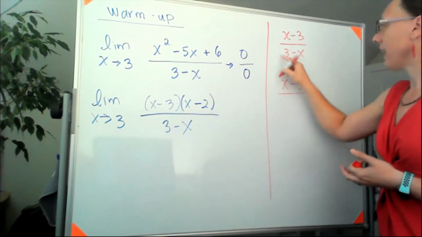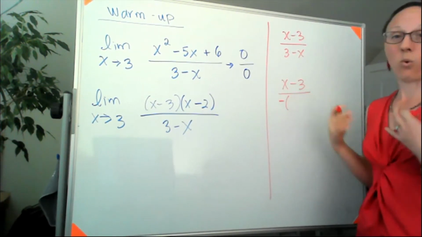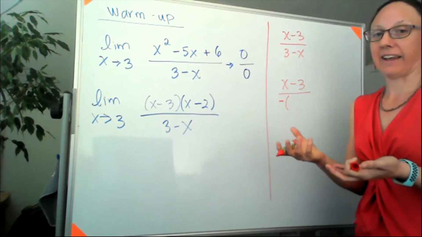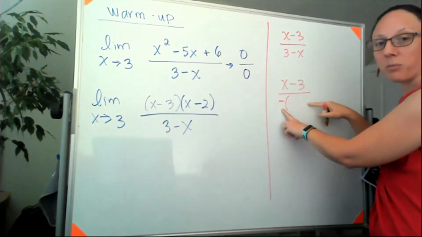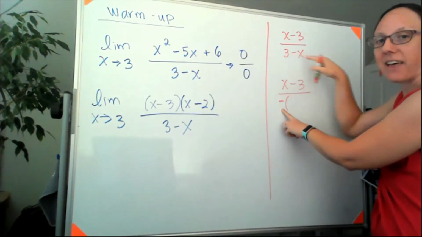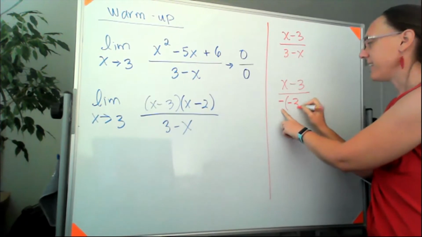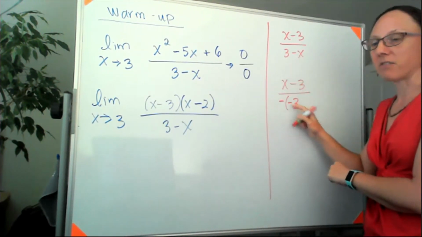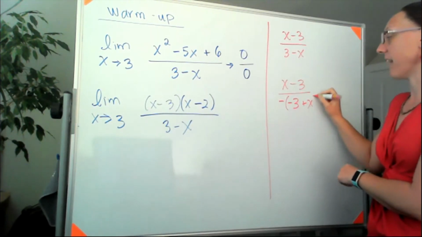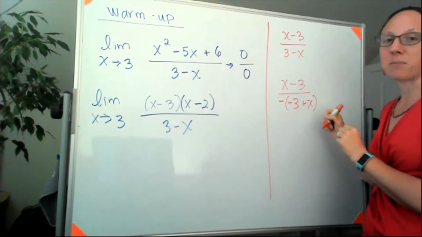So in the denominator, if I were to factor out a -1, then what I would have to multiply by to get back to that 3 minus x would look like I'd need a -3 so that when I distribute that negative in, it becomes positive again, and I'd need a positive x so that when I distribute the negative in, I get that negative x back.